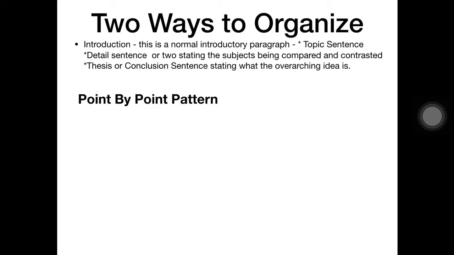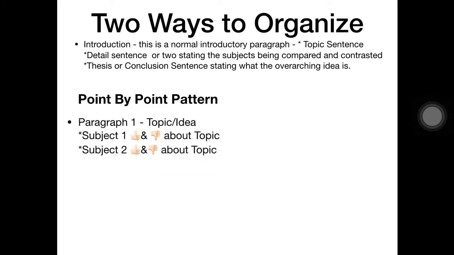The first way to organize our ideas when writing a compare and contrast paper is the point by point pattern. In a point by point pattern, after the introductory paragraph, your paragraph number 1 has a topic or idea. So you have something you're comparing, like apples and oranges. And then you're going to compare something about those, okay?